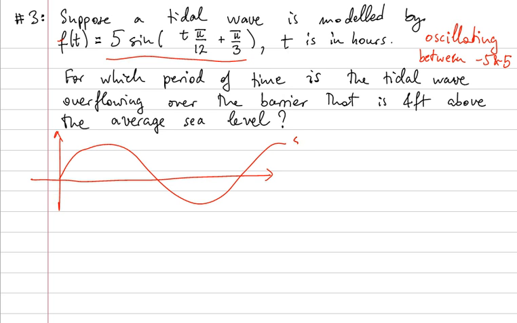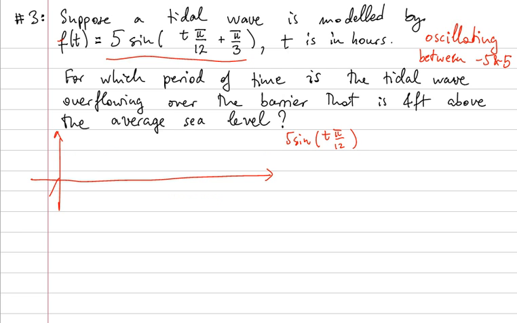So this would be 5 sine of t pi over 12. And then if we want to account for the phase shift, we have to find out how it's shifted. So this is shifted to the left by pi over 3. So actually the tidal wave doesn't look like this.